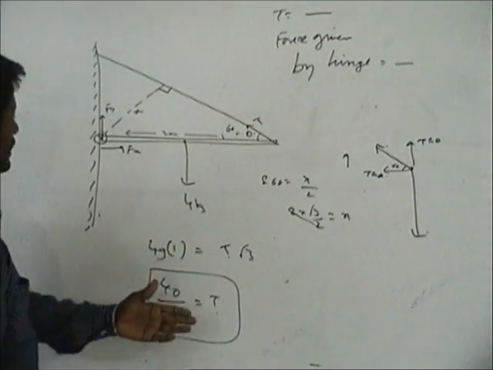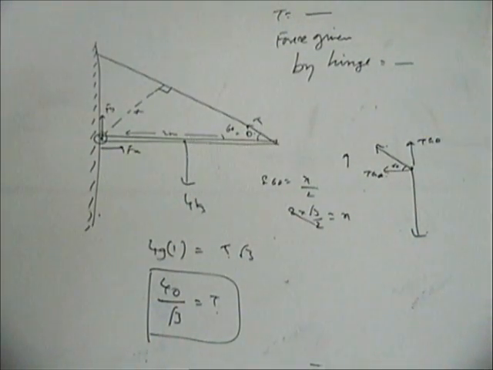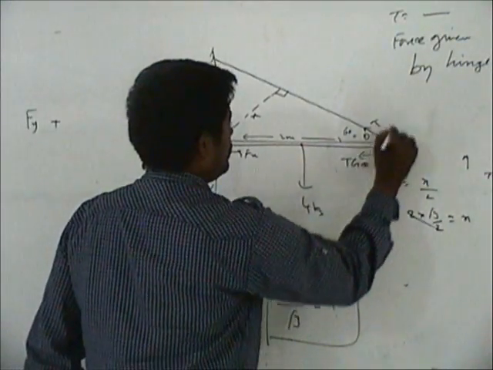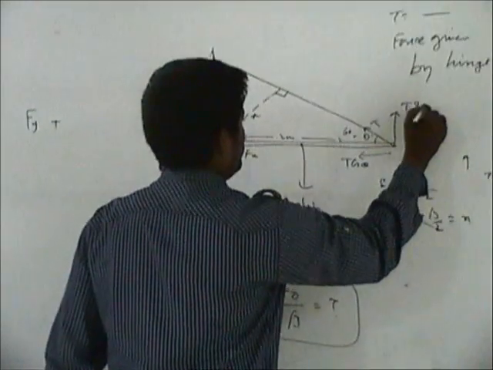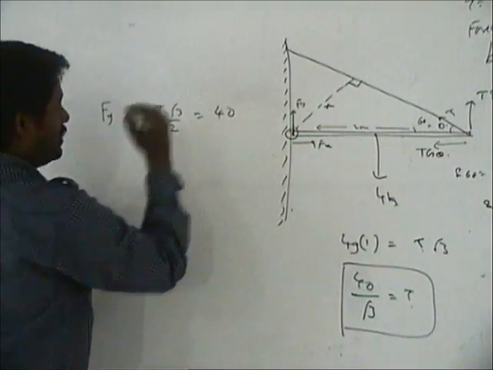And once you get T, it is very simple: upward forces equal downward forces. Fy plus T sin theta equal to mg, that is 40.